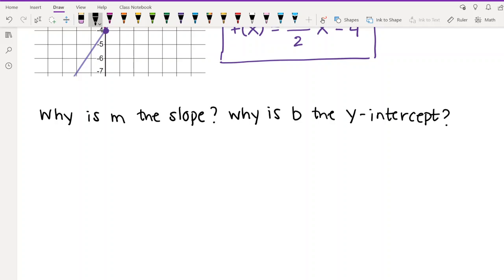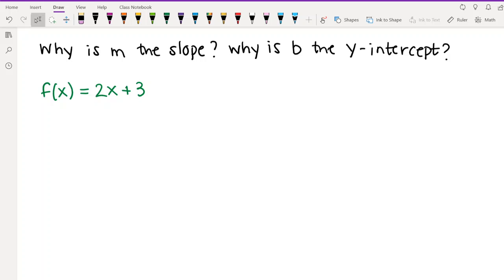So I think the easiest way to test this out is by making a table. Let's say, for example, we have the function f of x is equal to 2x plus 3. I want to be clear here: I don't think in general it's a good idea to make a table every time you graph a linear function. It's just going to slow you down. Like I said, you only need 2 points to sketch a graph.